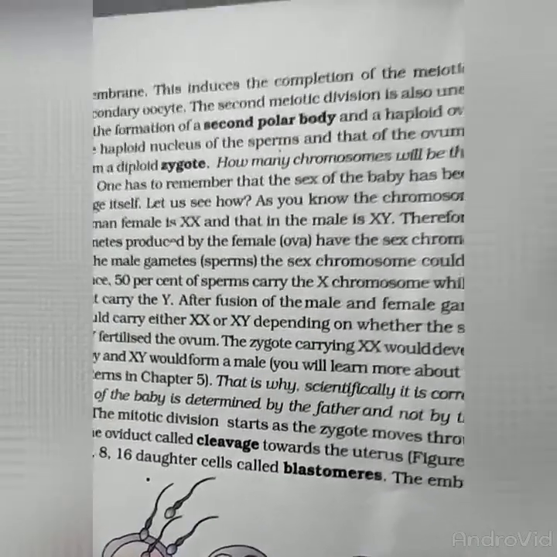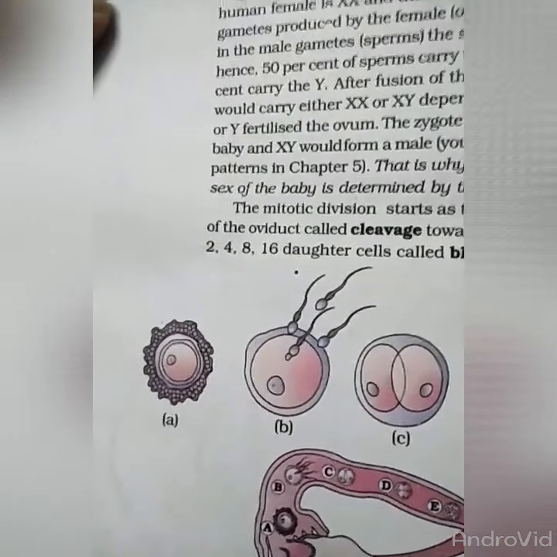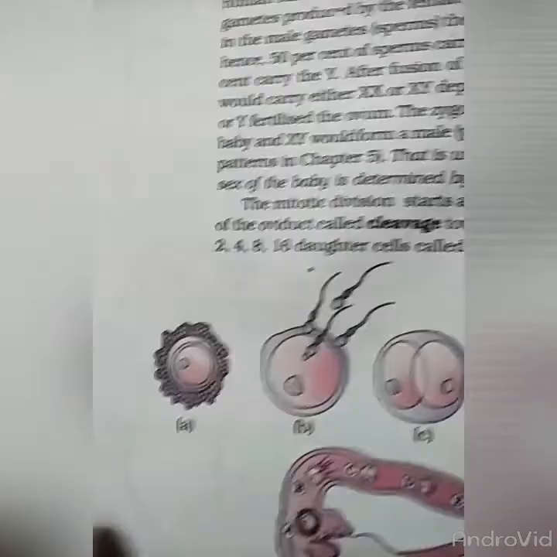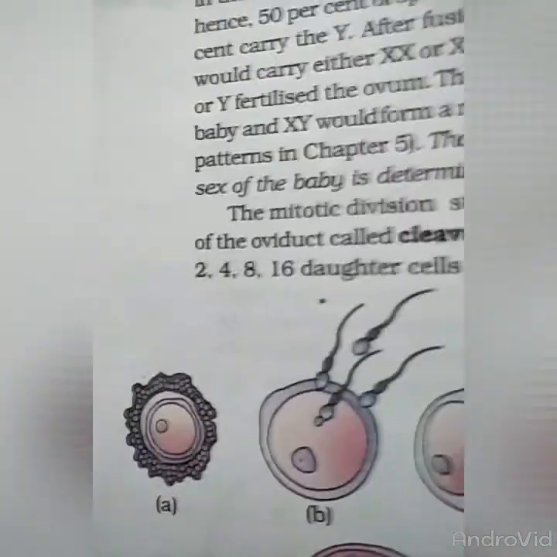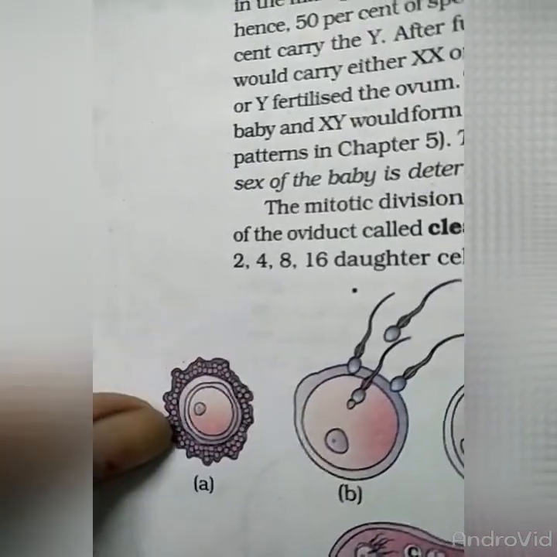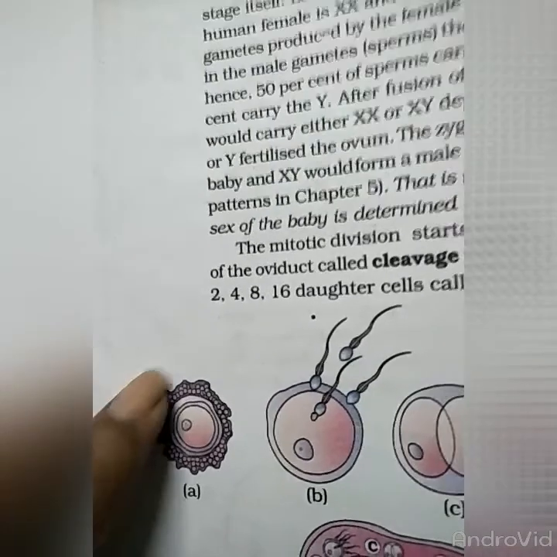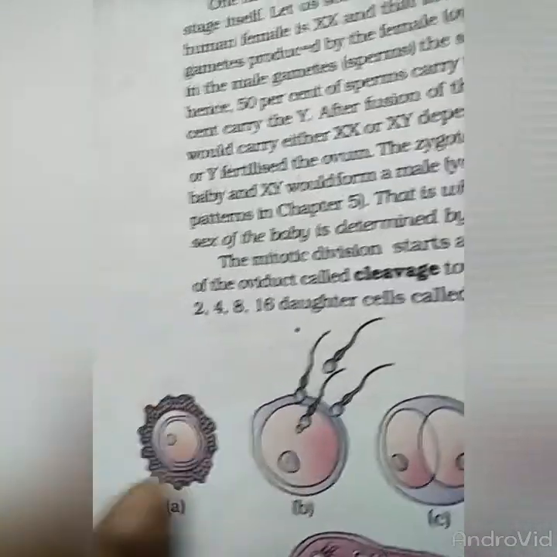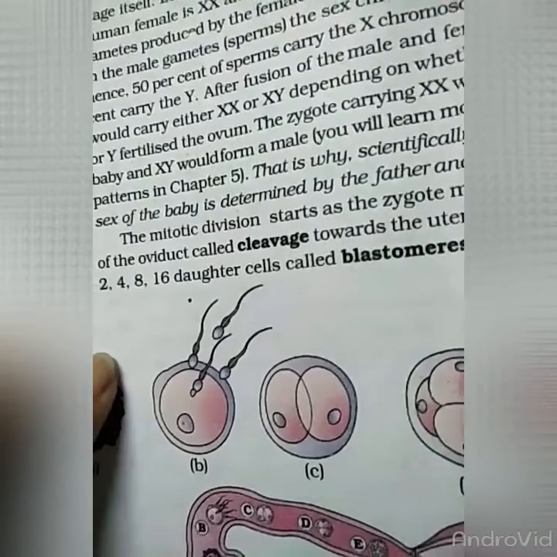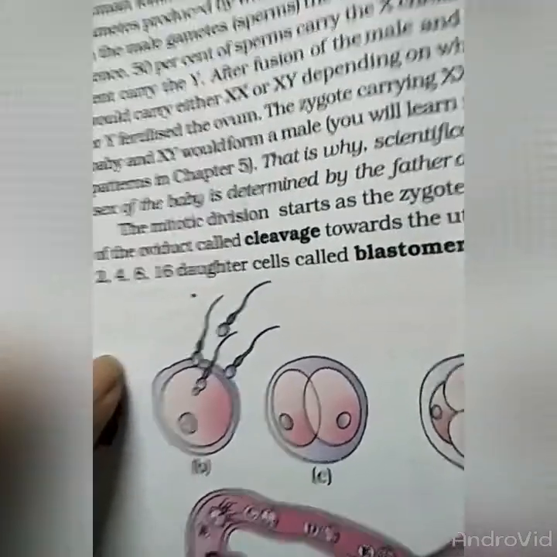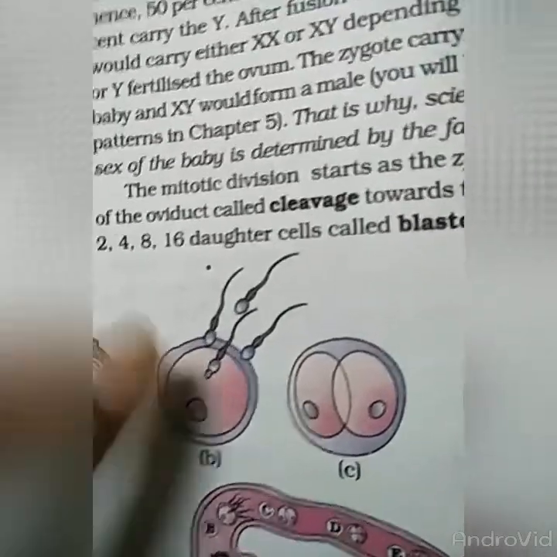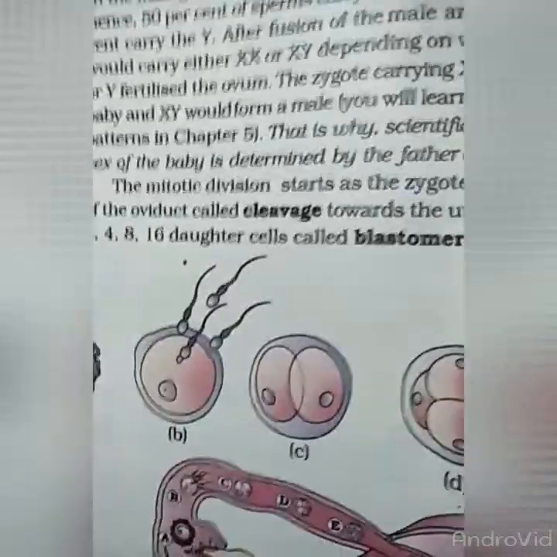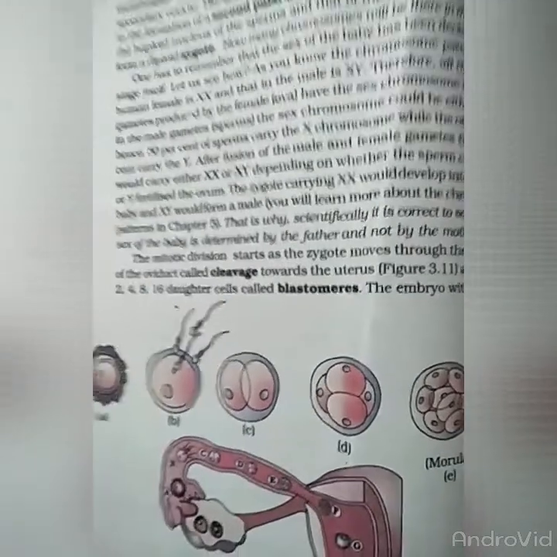In the diagram, this is the structure of the ovum with mature follicular cells. When sperm arrive, only one sperm enters the ovum and fertilization occurs. After fertilization, it forms the zygote.